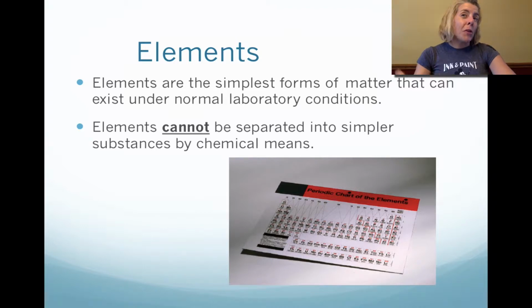We know that there's subatomic particles. We're not using that information to describe the element right now, but it's important to remember that elements are the basic level of chemical reactions. So we're not talking about combining atoms or electrons to get a chemical reaction. We're talking about combining atoms to get a chemical reaction.